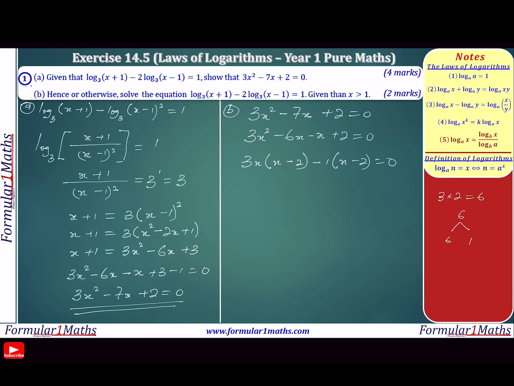And so finally, I get (x minus 2)(3x minus 1) equals 0. And that means either x is equal to 2 or x is equal to plus 1 over 3. But x must be greater than 1, and so x cannot be equal to 1/3. And so the answer required is x is equal to 2.